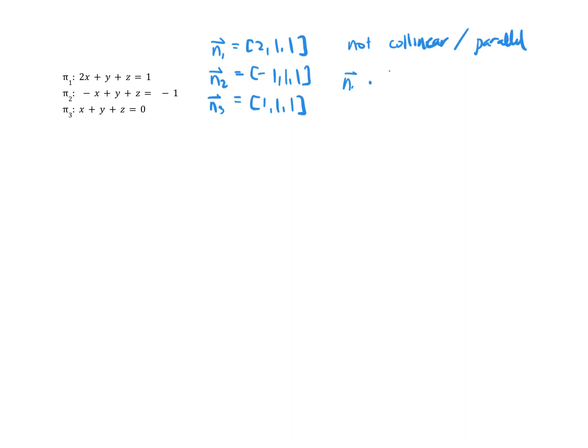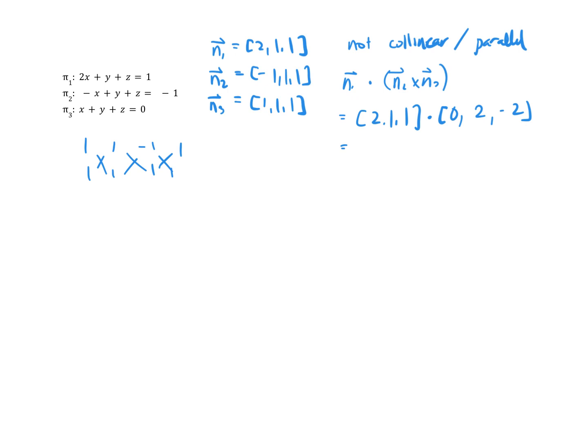So the dot product between the first normal with the cross product of the second and third. So we're going to have 2, 1, 1 dot 1 minus 1 is 0, 1 minus negative 1 is 2, negative 1 minus 1 is negative 2. So that'll be 0 plus 2 minus 2 equals 0.